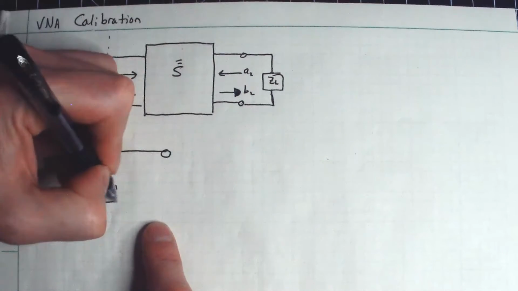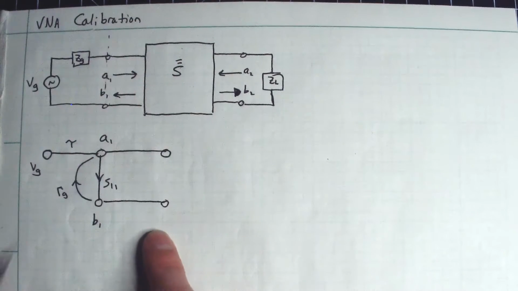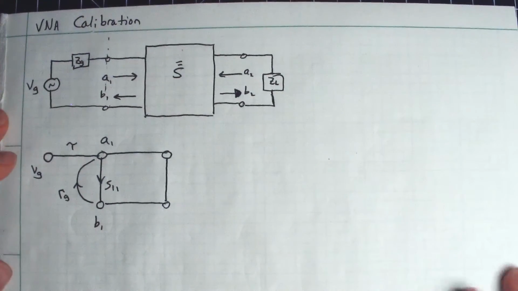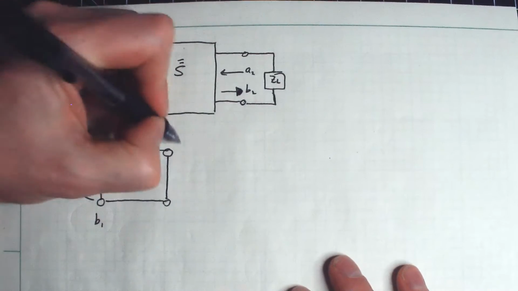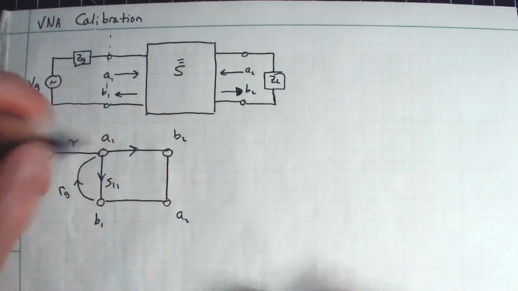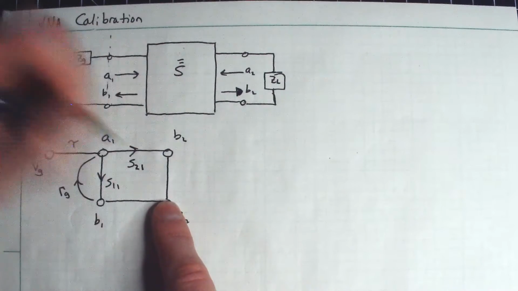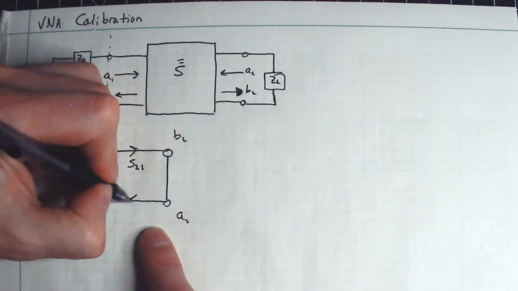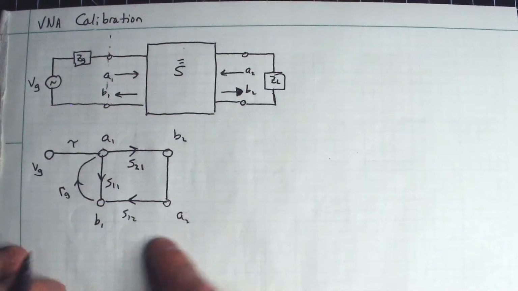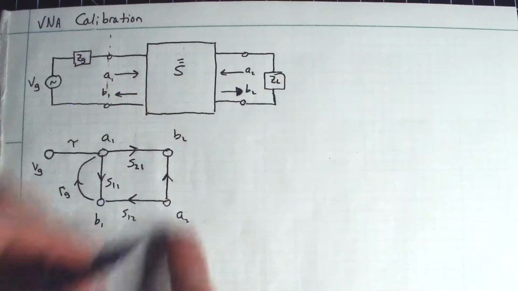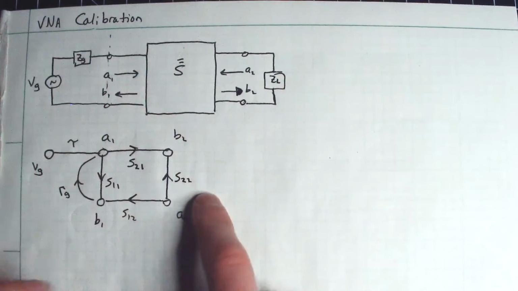So now we do our two-port model that we already generated with the signal flow graph, representing this S matrix here. So we have B2 and A2. So A1 feeds into B2 through S21. And then of course we have S12 back here. And let's see, A2 is going to feed back into B2 through my S22.